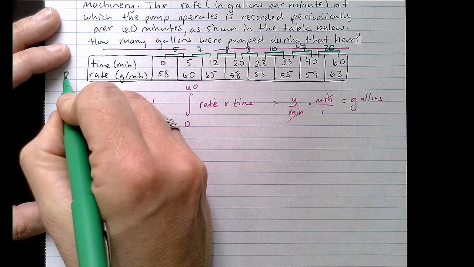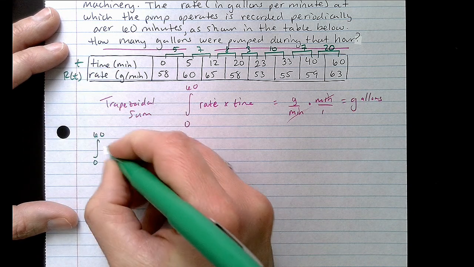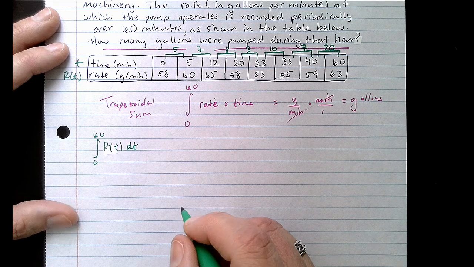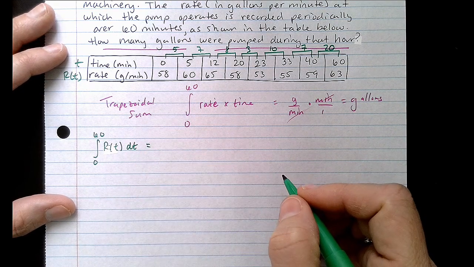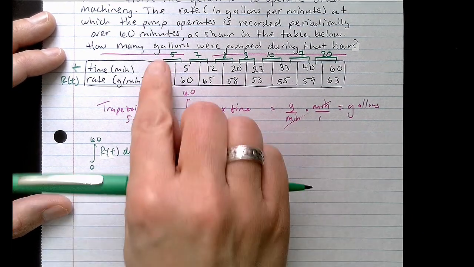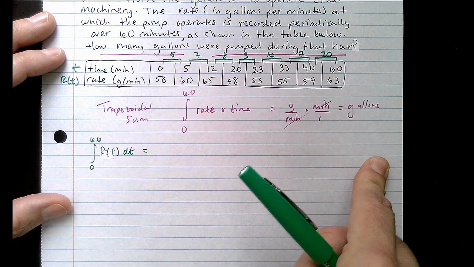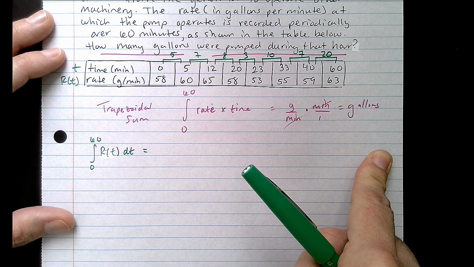Let's call our rate function r of t and time as t. So it's a little more official and it's more accurate of what we're dealing with here. Okay, so what I'm going to do now is I'm going to set up 1, 2, 3, 4, 5, 6, 7 trapezoidal sums here, or 7 trapezoidal areas here.